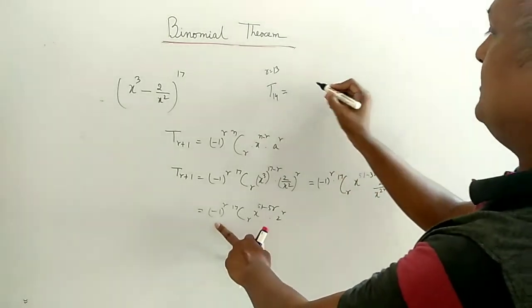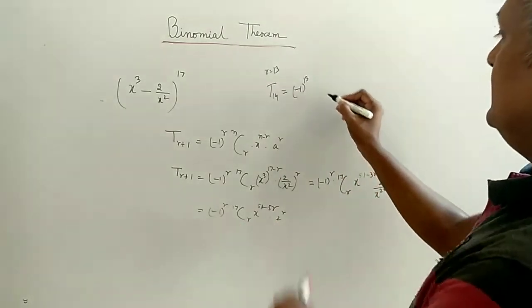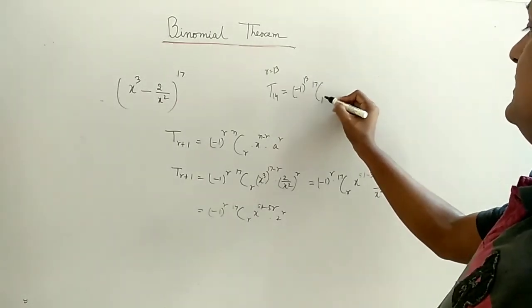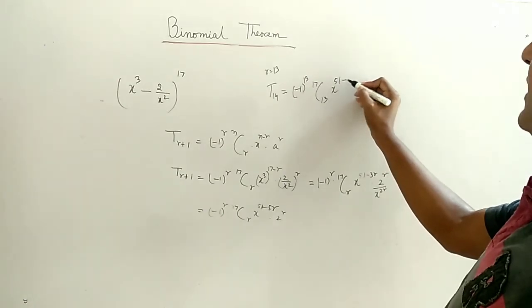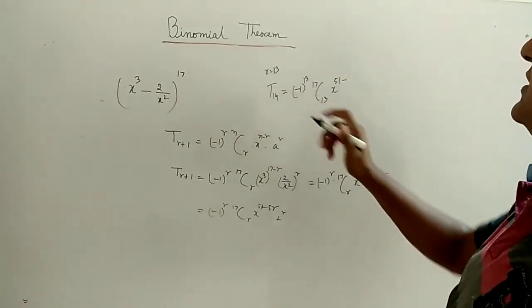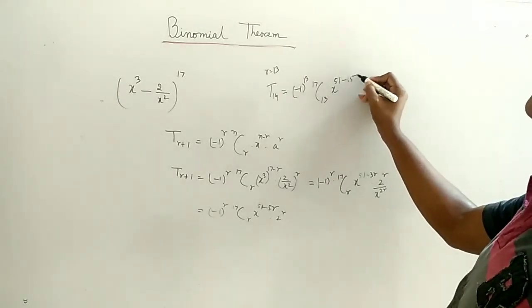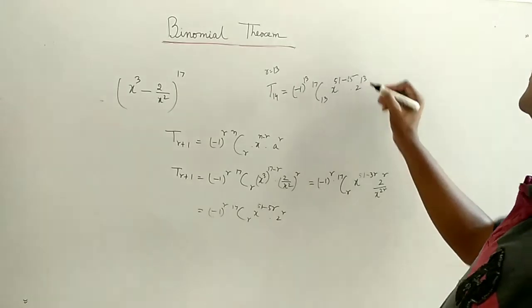So what will I get? (-1) to the power r, that is 13, 17C13, x to the power 51 minus 5 into 13, that is 65, and 2 to the power 13.